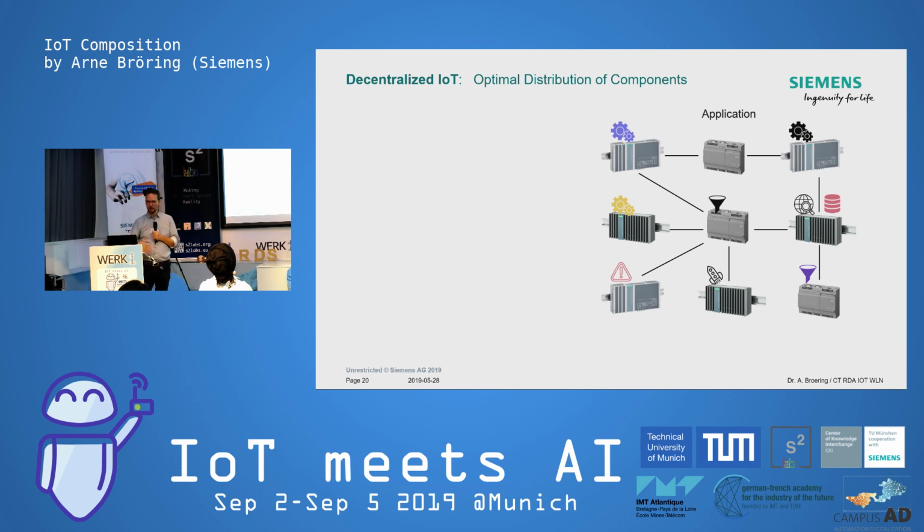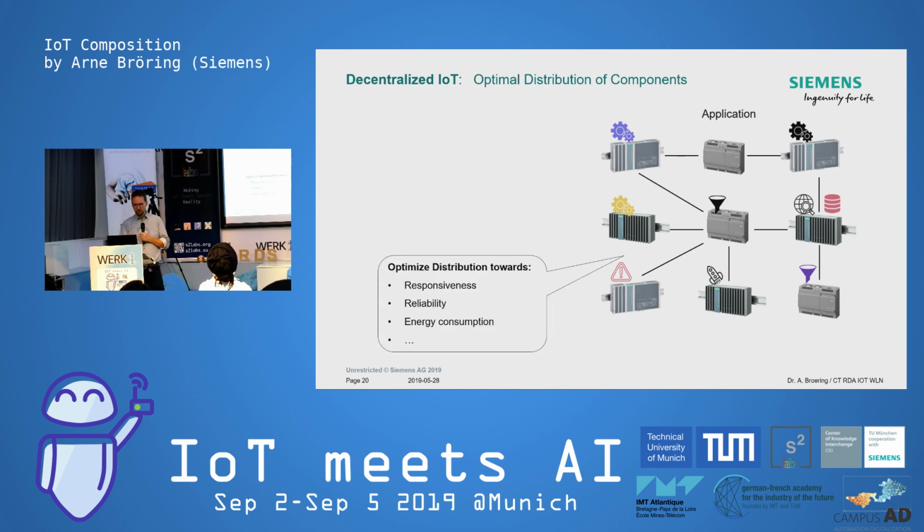Since we are developing this smart edge environment, we have more and more edge devices available in the industrial setting. We could use that to distribute the entire application and have a decentralized application running on the edge.